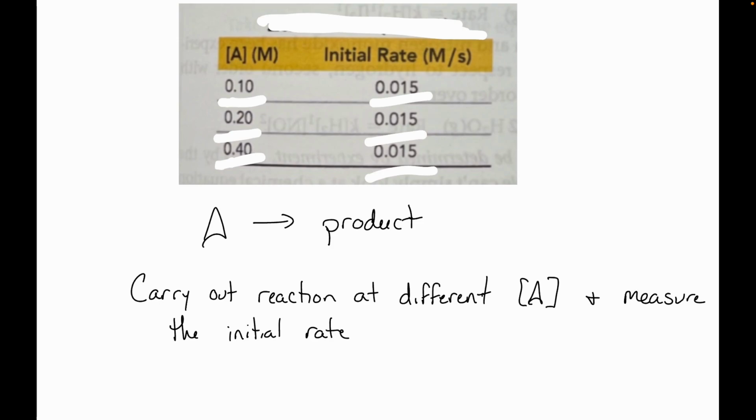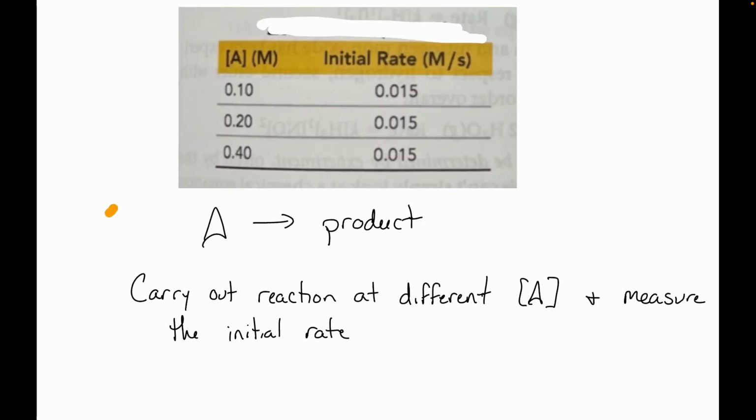All right? But we need to be able to determine this, not just by looking at it. So what we're going to do is pick 2 data points, any 2 data points. I'm going to pick this one and this one, column 1 and 2. Okay?